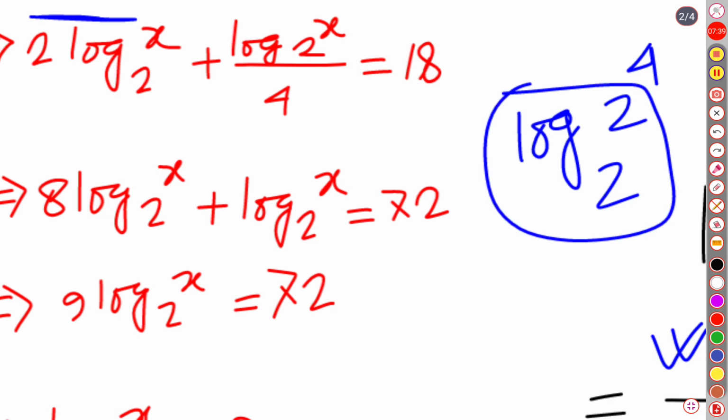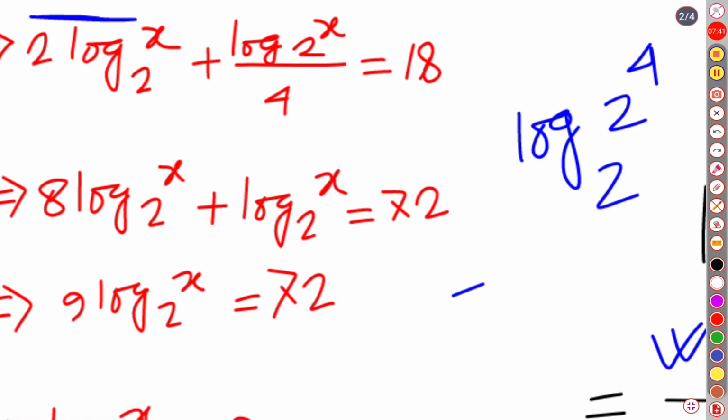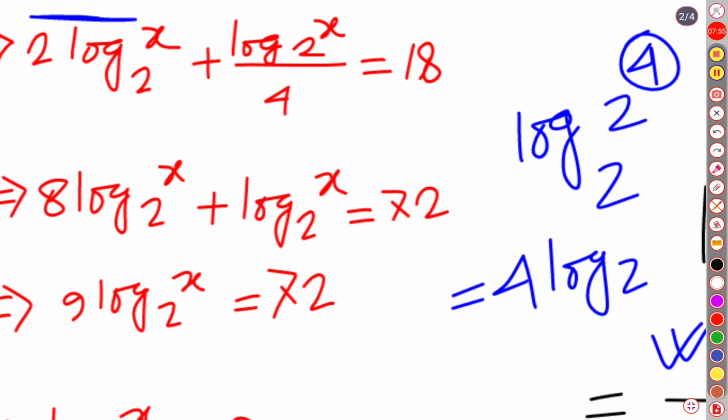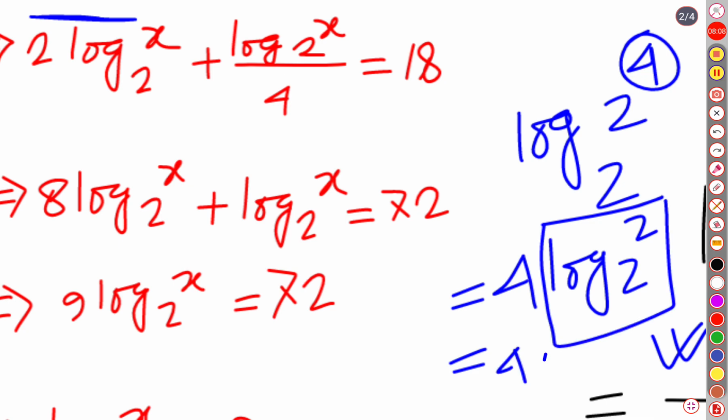Or in another way, the exponent of the argument comes out as a coefficient, so there remains 4 log base 2 of 2. Now if the base and argument are the same, then the value of that one is 1.